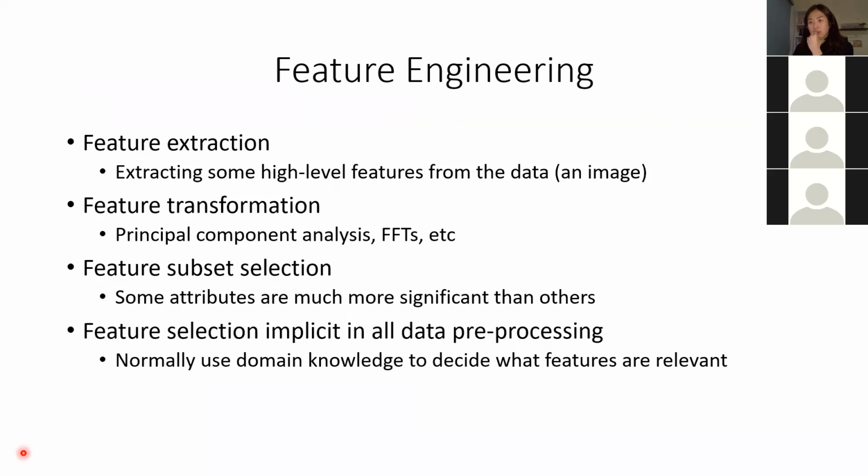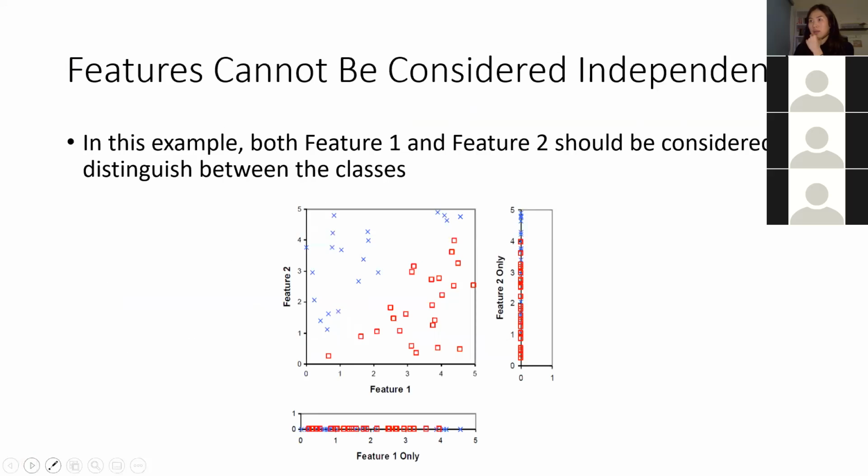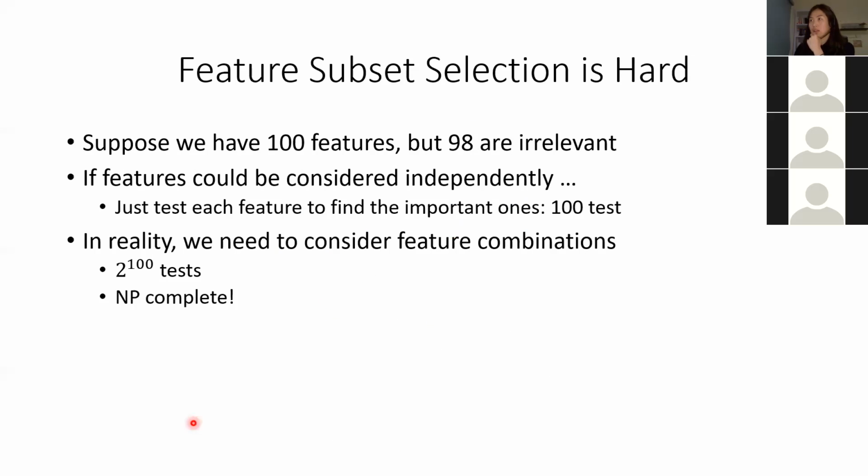I'll actually go to the next slide first and then go back. Why is feature engineering important? Let's say I have 100 features, and we don't normally know how many features are relevant or irrelevant.